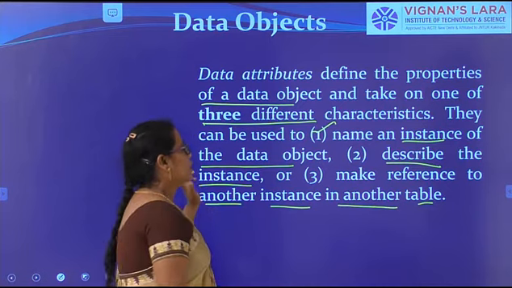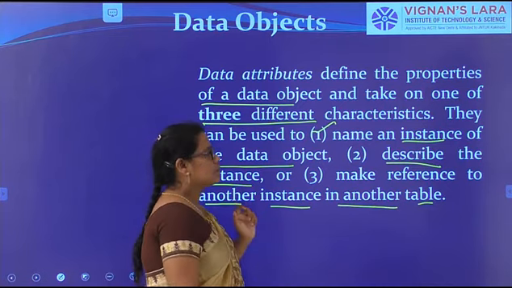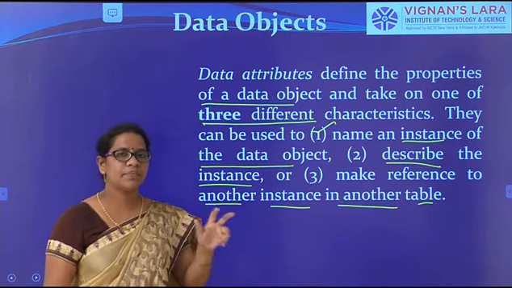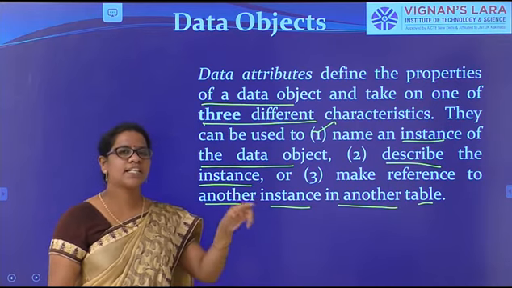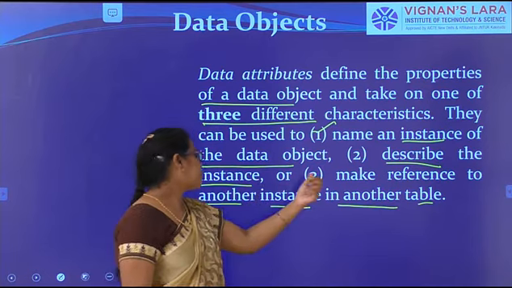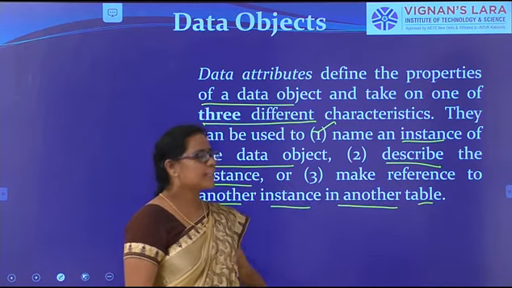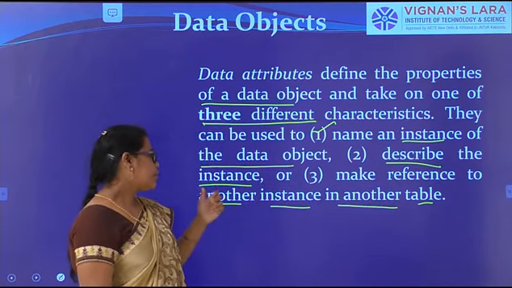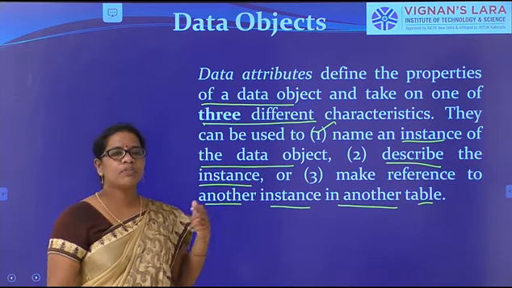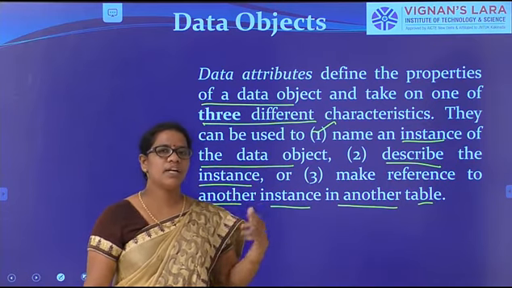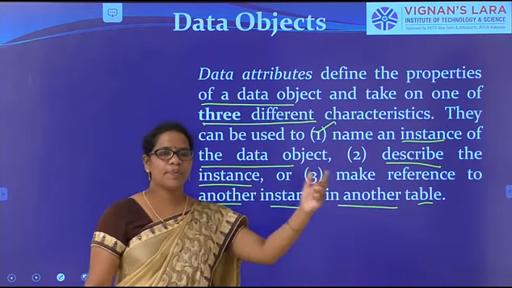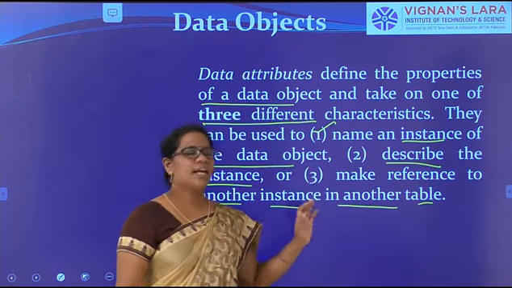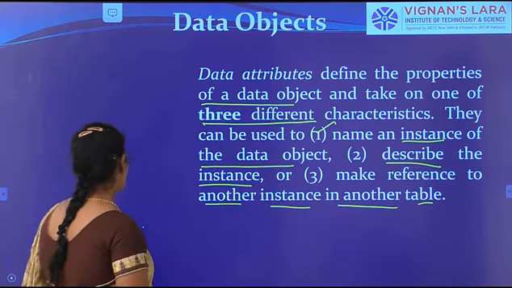Next, describe the instance at a particular time: what is its shape, how many tires it has, what is the color of the car. Next, make reference to another instance in another table. For example, a reference is the company name, meaning this belongs to that company. So these are the data objects.